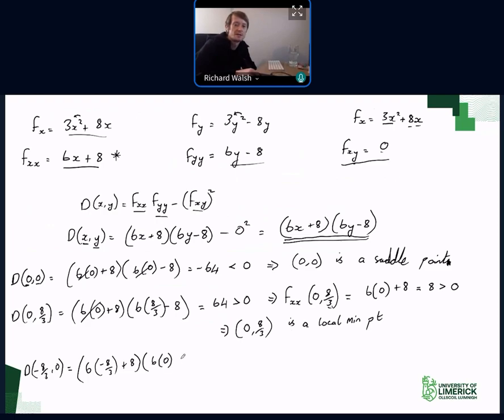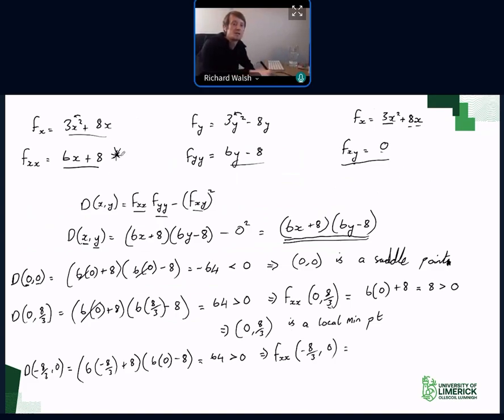So 6 times 0 minus 8. We calculate that out. We get minus 16 plus 8, minus 8, times minus 8 is plus 64. So again, it's greater than 0. So I need to check the second partial derivative with respect to x at the point minus 8 over 3, comma 0.